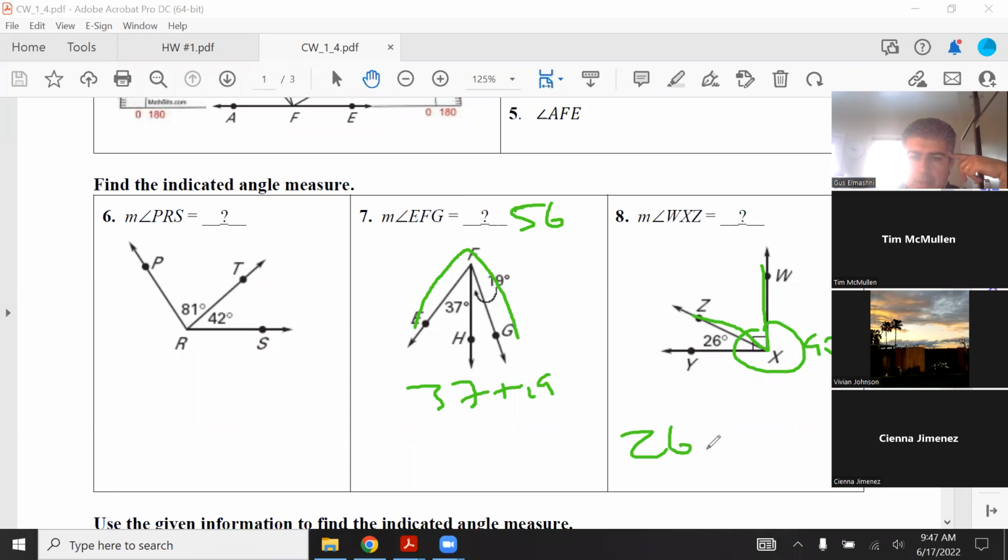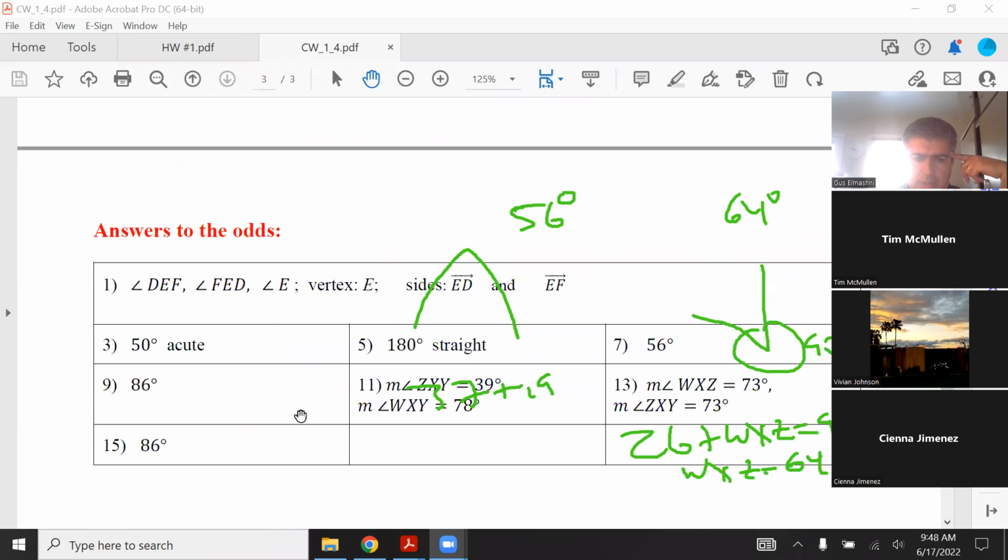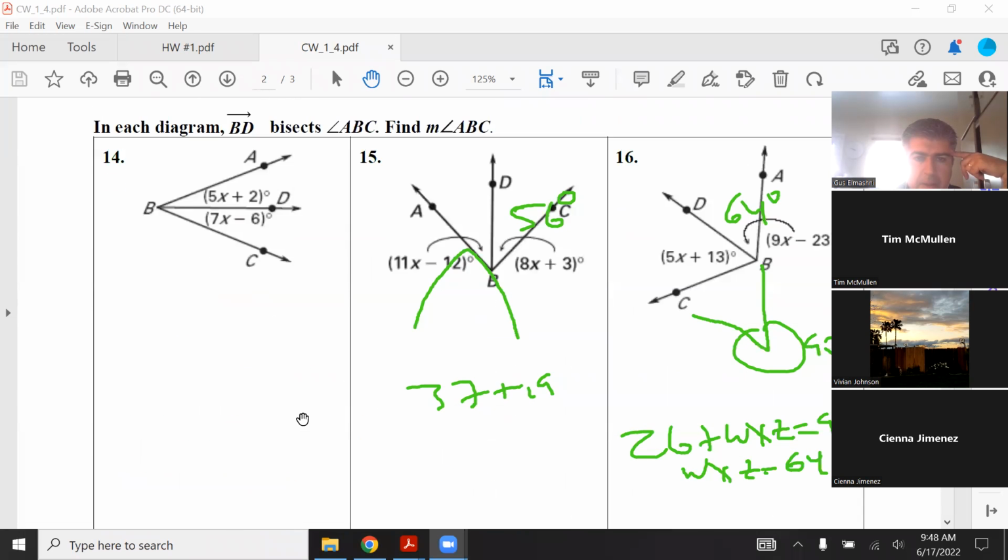So 26 plus WXZ has to equal 90. So WXZ is going to equal 64. So that should be 64 degrees. And I believe the answers are at the end of this worksheet. Some of them are, not all of them. Looks like the odds are. But I do see 56 for number 7, so that's good. Okay.